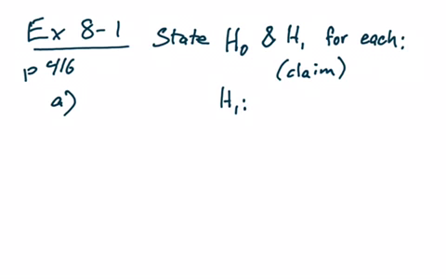Regardless of what H subscript 0 and H subscript 1 are, her claim is that young people who gamble spend more than $30 a day. So we're talking about a whole population, all of the young people who gamble.